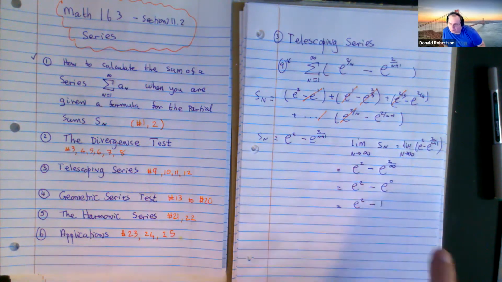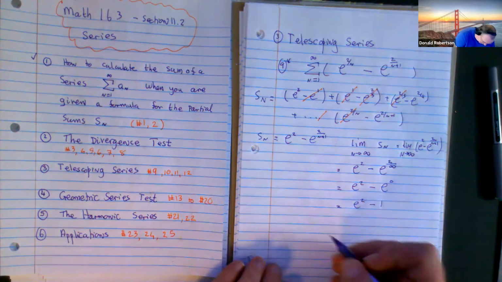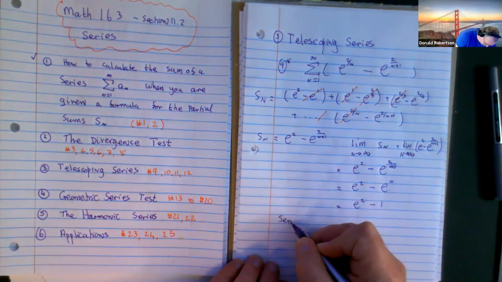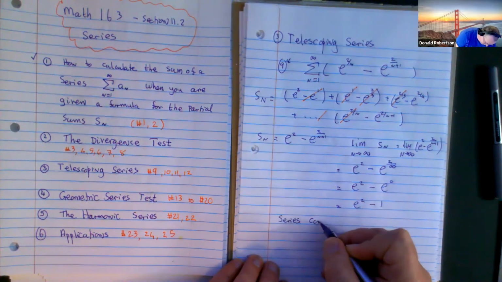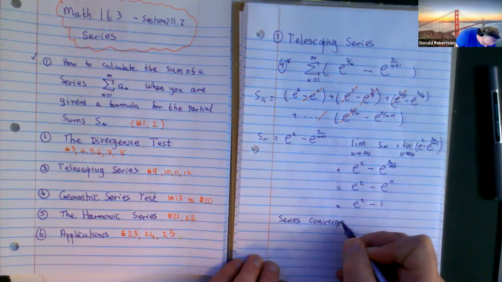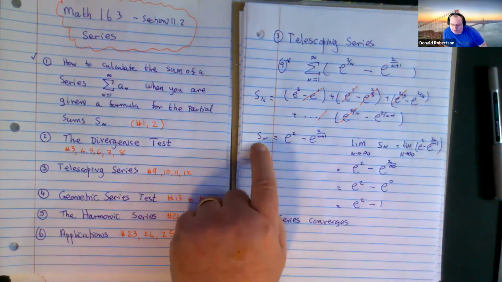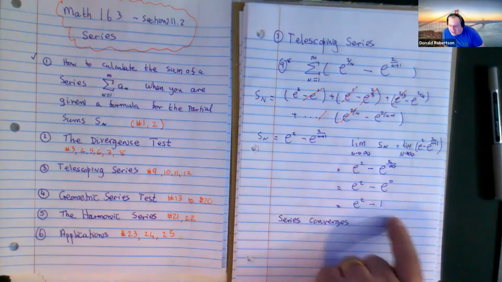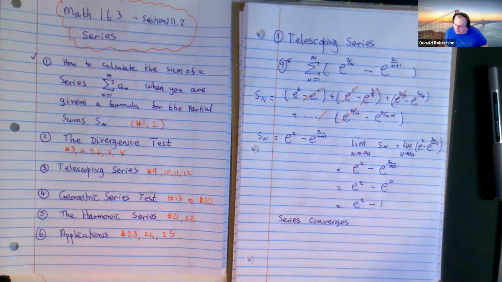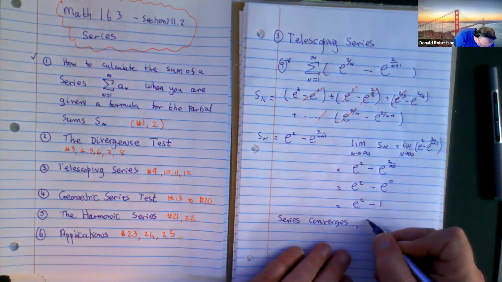So in a telescoping series, I can tell you two things. First thing is, I can tell you that the series converges. And the reason I know that it converges is because the limit of its partial sums is a number, any number. Not only that, can't I tell you what the series converges to?